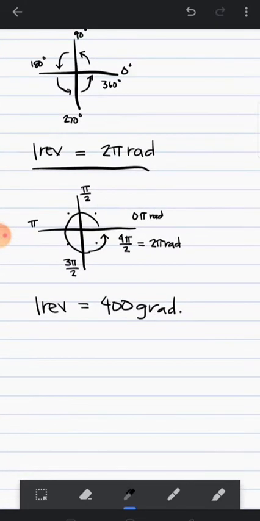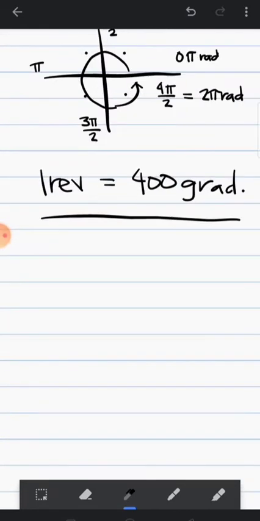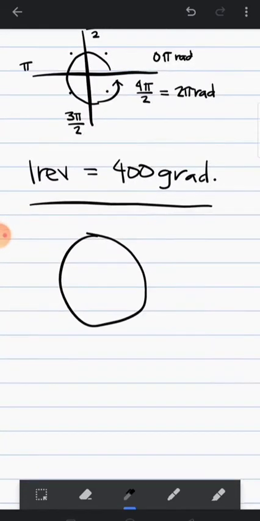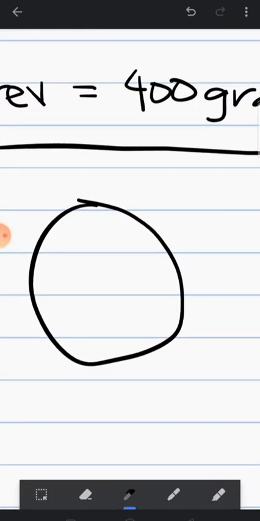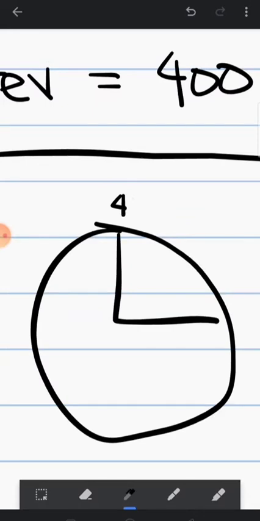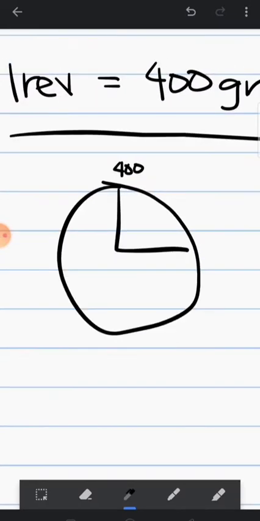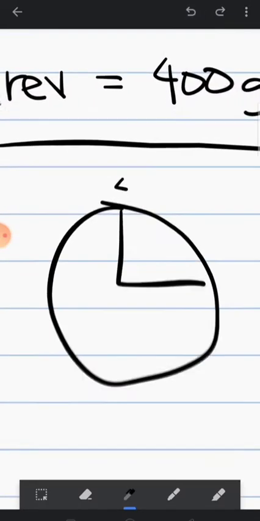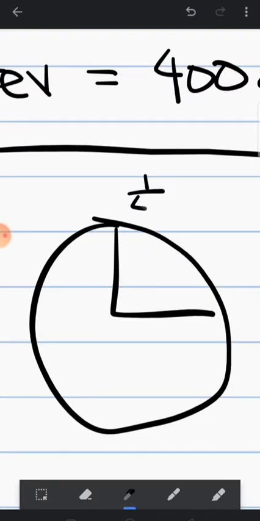So 1 revolution is 400 gradients. So if this is your circle, that's equal to 360 degrees, or in radians, that's 2 pi. 400 gradients refer to this angle here.